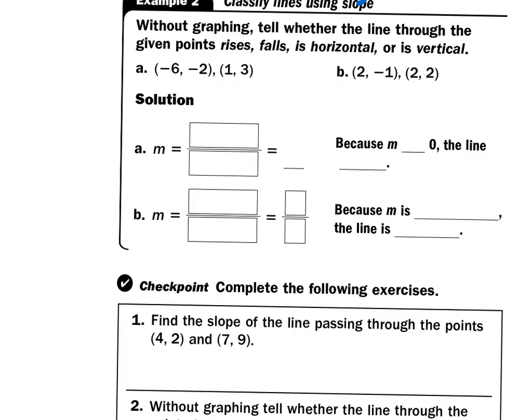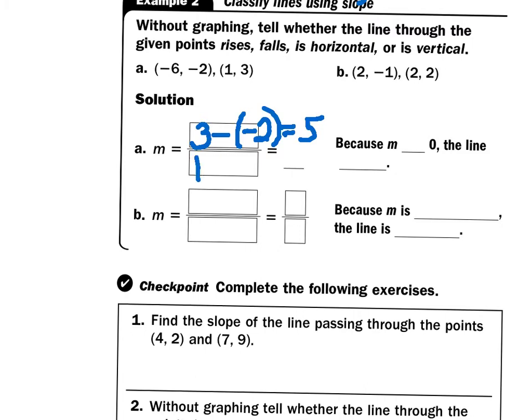Okay, example 2. Without graphing it, tell whether the line through the point rises, falls, is horizontal or vertical. So on A, I'm going to choose a point to be y2. So let's say that's 3. I'm going to subtract y1. You have to be really careful with negative signs because I need to put in parentheses, and that will turn out to be 3 plus 2. So that equals 5. And then on bottom, I'll go back to the same point that I chose my 3 from.